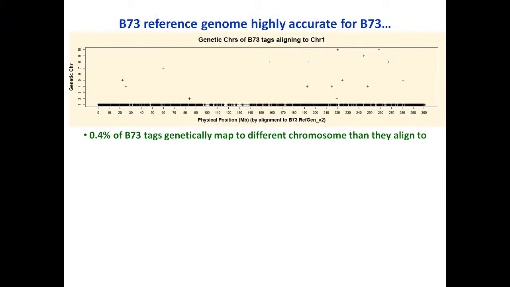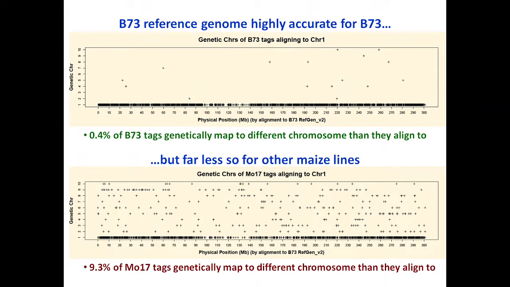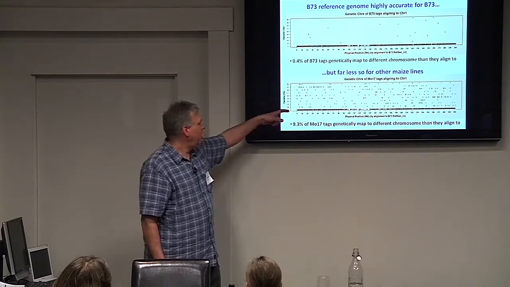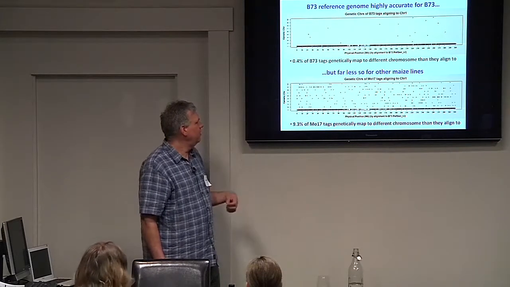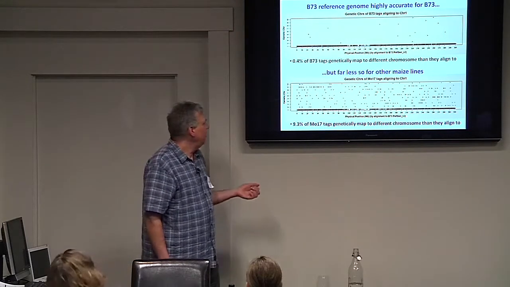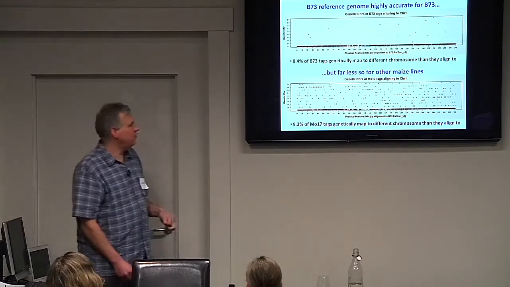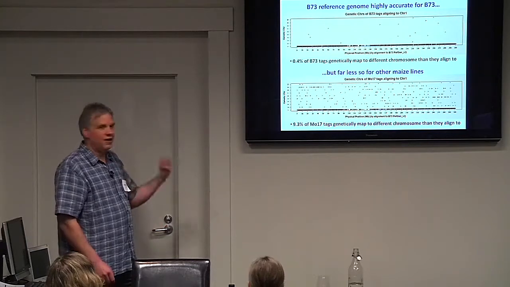But you can turn around and map those Mo17 tags. So you can map the red ones. We can take the ones that align to chromosome 1. This is where they align on chromosome 1. And then we can ask, where do they map to genetically? And a lot more of them, more than 9%, will genetically map to a different chromosome than the one that they align to.